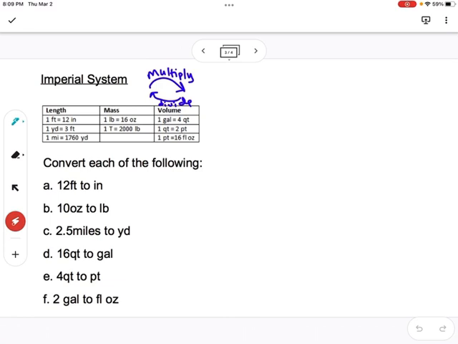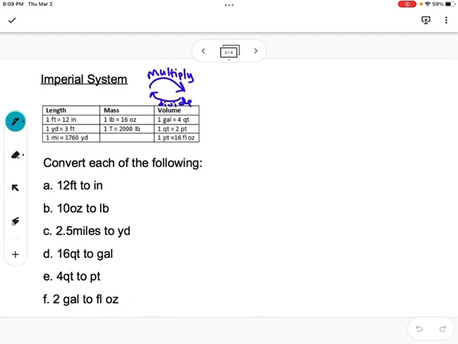So the first one, convert each of the following. 12 feet to inches. We need to look for our feet and inches in the chart. That's the first one here. So 1 foot equals 12 inches.